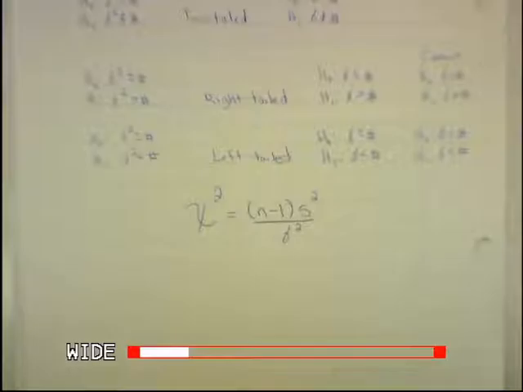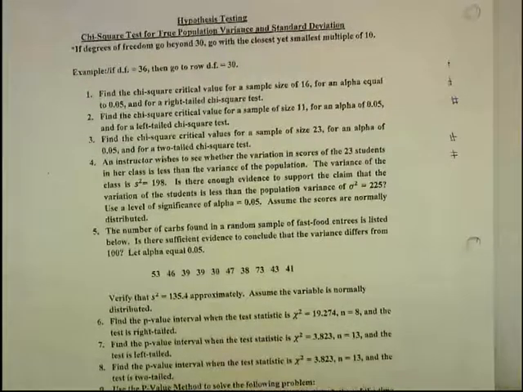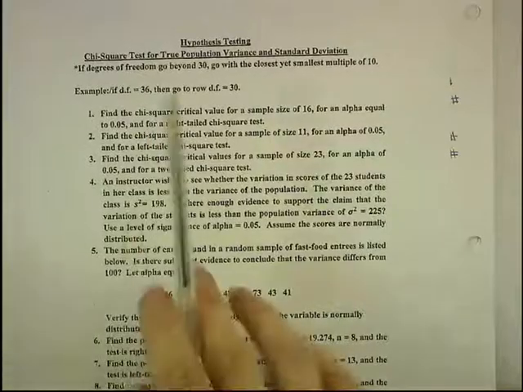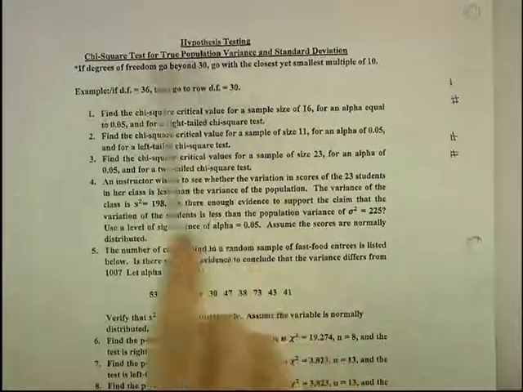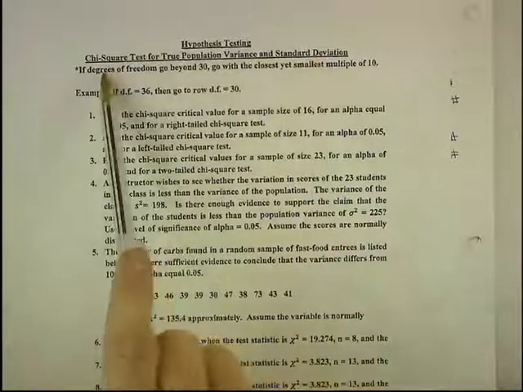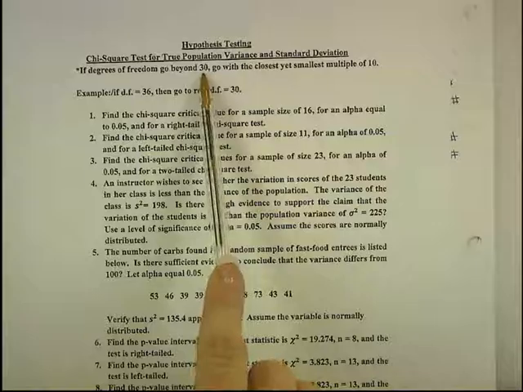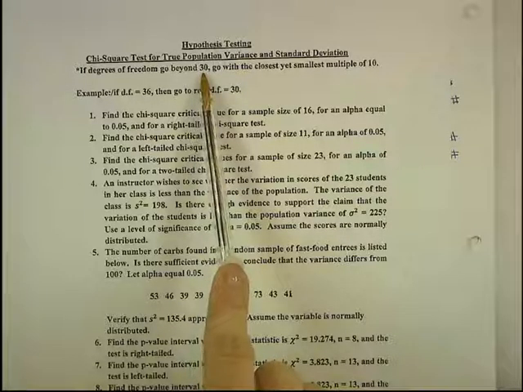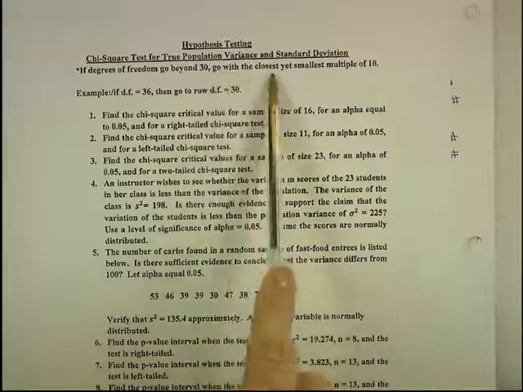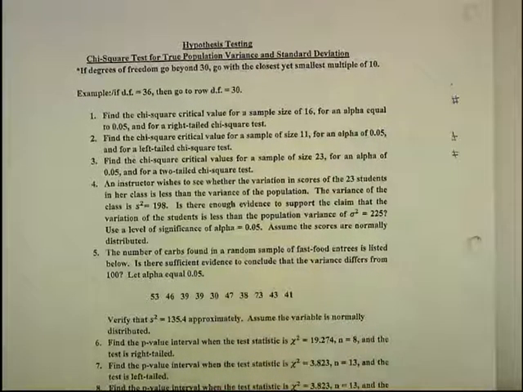What I do in lecture, you can see that there are quite a few problems here. I say that for the chi-square test for true population variance and standard deviation, if degrees of freedom go beyond 30 with the chi-square table, like 40 or 50 or 55 or 65, go with the closest yet smallest multiple of 10, and I'll show you an example of that.